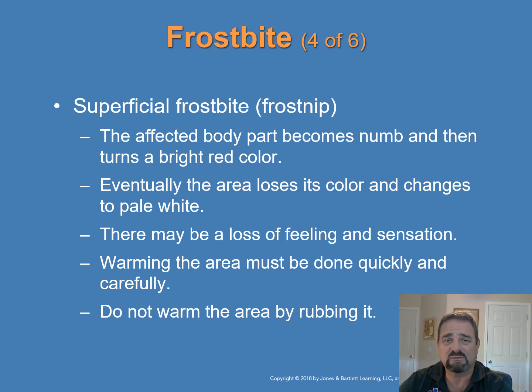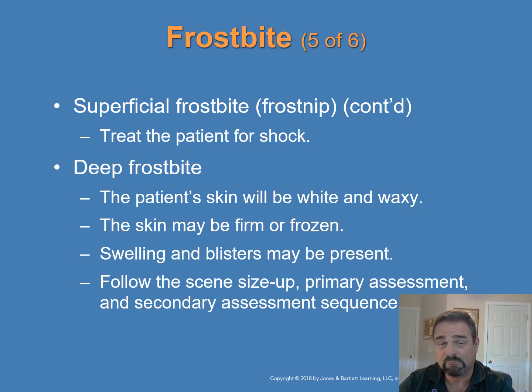Don't try to warm a frostbitten area by rubbing it with your hands or a blanket. That's just going to create detrimental movement on the tissues themselves and cause the patient a lot of pain. So treat the frostbitten patient for shock. Deep frostbite is when the patient's skin will be white and kind of waxy in color.